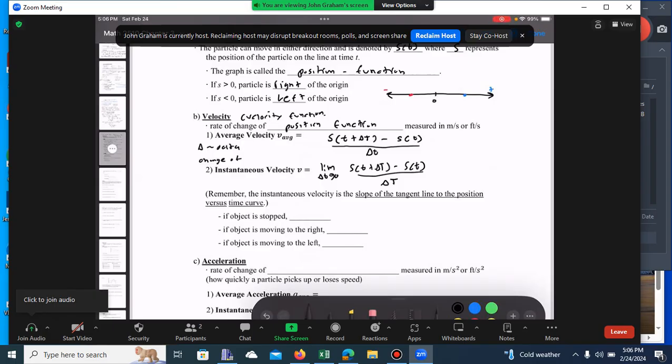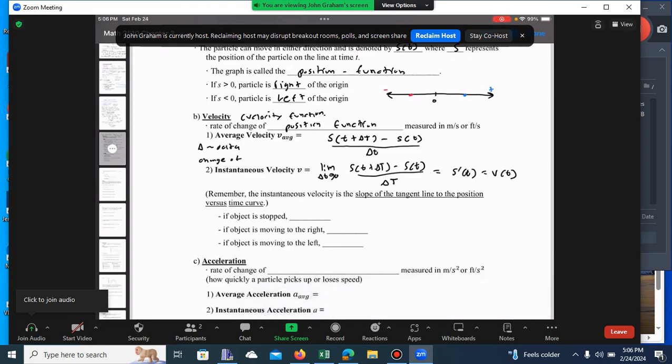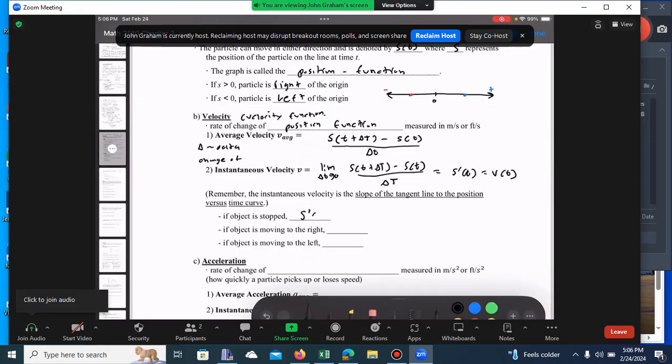We'll also call this s prime of t, or v of t, either one: velocity function or derivative of the position function. s prime of t will equal 0 if the object is stopped.